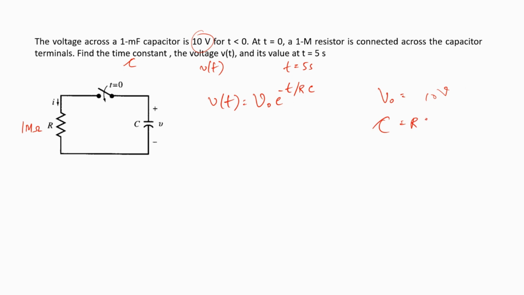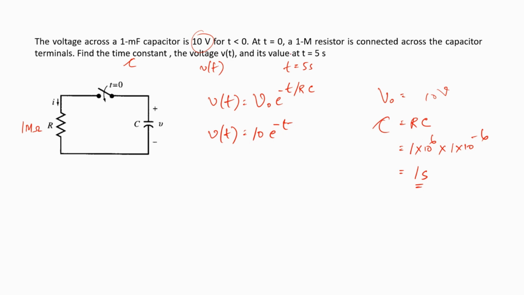So tau is equal to RC, which is 1 into 10 power 6, that is 1 mega ohms, into C, which is 1 microfarad, so 1 into 10 power minus 6. That leaves us with 1 second, right? So here we have the value of RC as 1 and V naught as 10. So now we get the equation of V of t as 10 e power minus t, because RC is 1. So this is V of t. The time constant as we've obtained is 1 second.